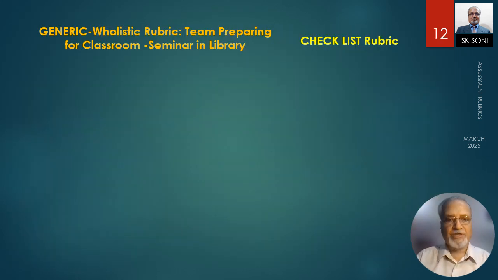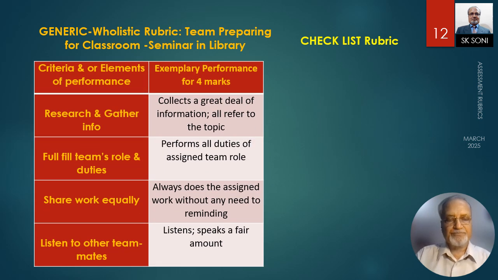Let us now see the example of a generic holistic rubric, and the title of the rubric is Team Preparing for Classroom Seminar in Library. The criteria in column 1, criteria and elements of performance: research and gather information, fulfill team's roles and duties, share work equally, listen to other teammates.